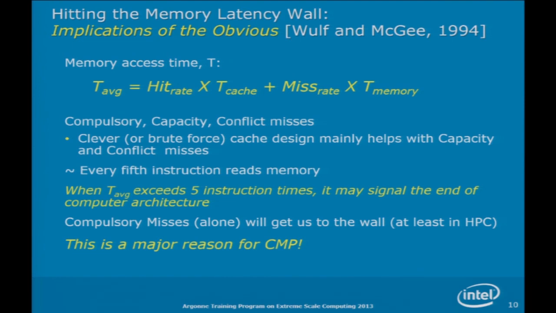Now this is a major reason why we're going to CMP. Paul mentioned that companies like Intel have stopped making faster single-stream computers. We're making more computers, but as your latency to memory grows, it's very hard to cover that latency with a single instruction stream.